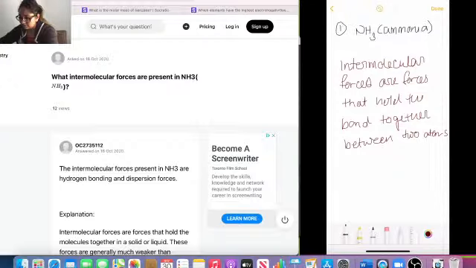basically, these forces, right, are generally much weaker than intramolecular forces. So basically intermolecular forces are the ones that are weaker.